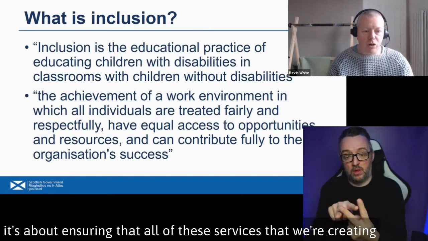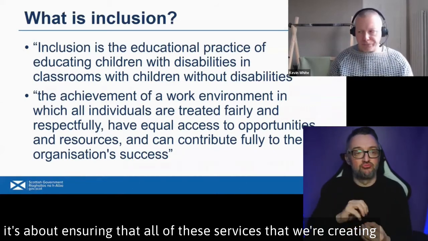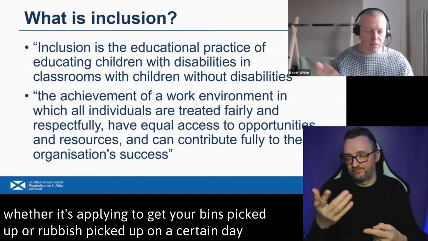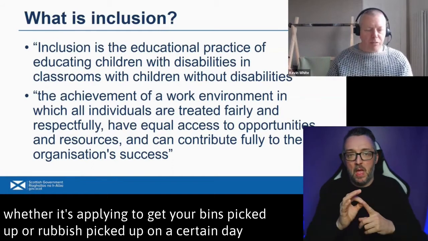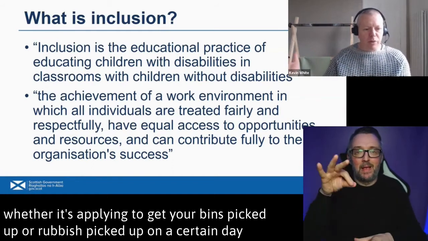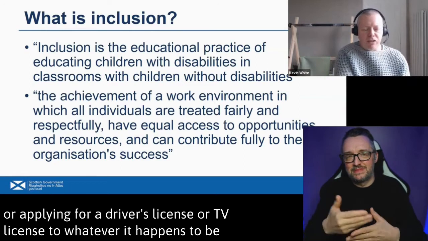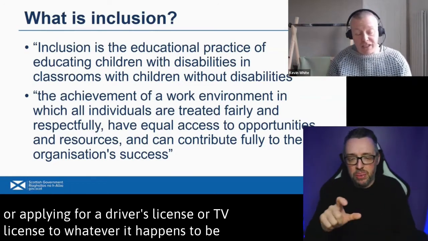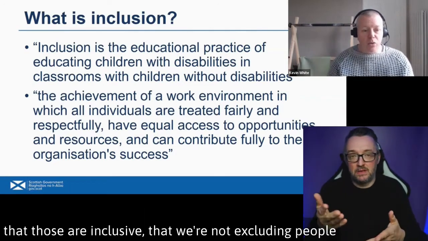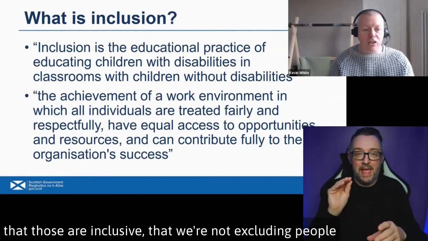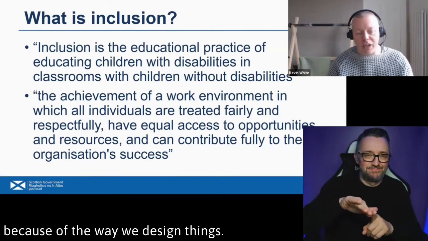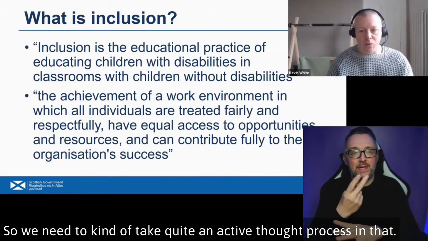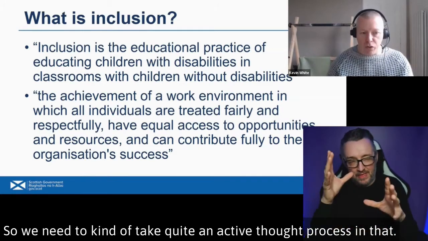It's about ensuring that all of these services that we're creating, whether it's applying to get your bins picked up or rubbish picked up on a certain day, or applying for a driver's license or TV license or whatever it happens to be, that those are inclusive, that we're not excluding people because of the way we design things. So we need to take quite an active thought process in that.